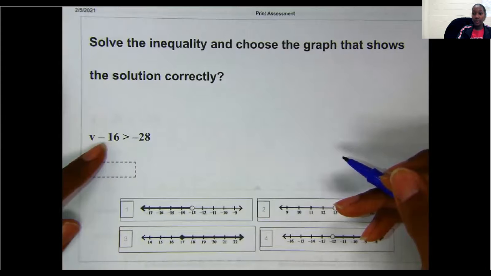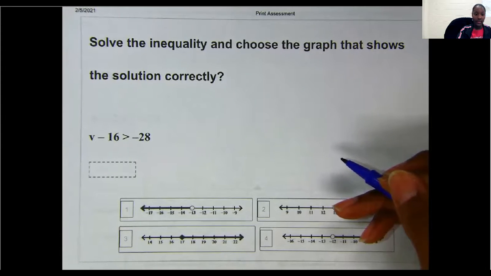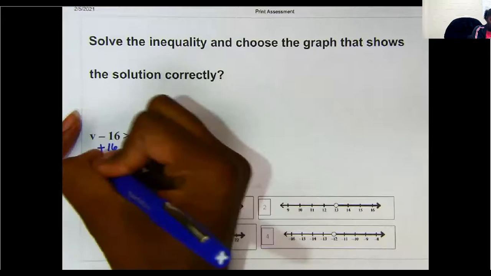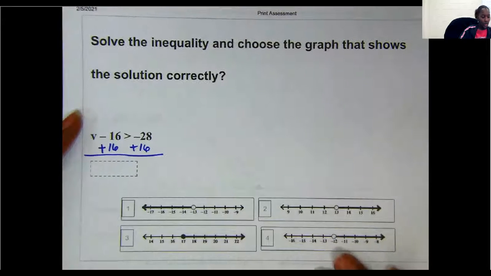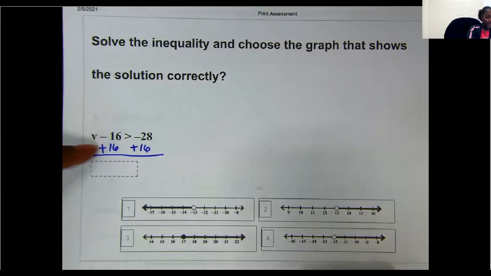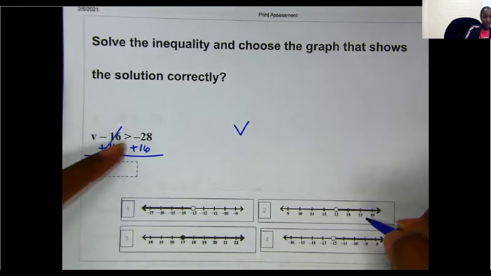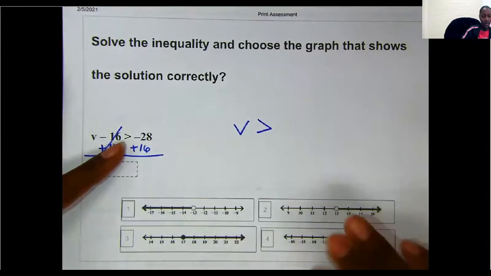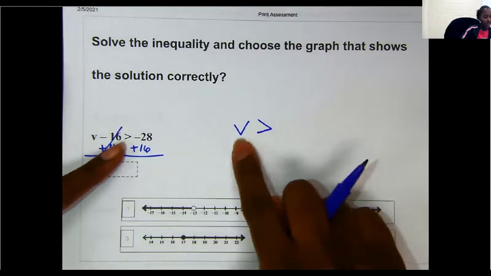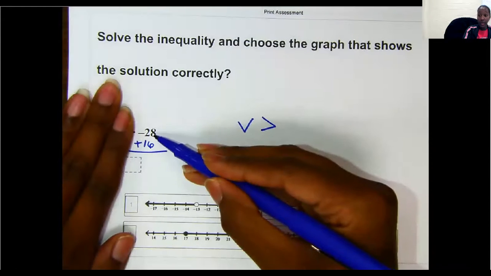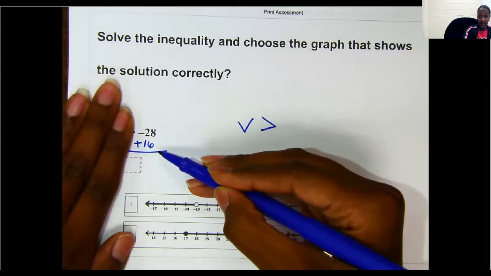The opposite would be a positive 16. So I'm going to add 16 to both sides of my inequality. Okay. A negative 16 and a positive 16 cancel, and I'm left with just my v. I'm going to come over here and bring my inequality symbol. Haha, funny. That looks funny. All right, now over here on this side of the inequality, I have a negative 28 and I have a positive 16.